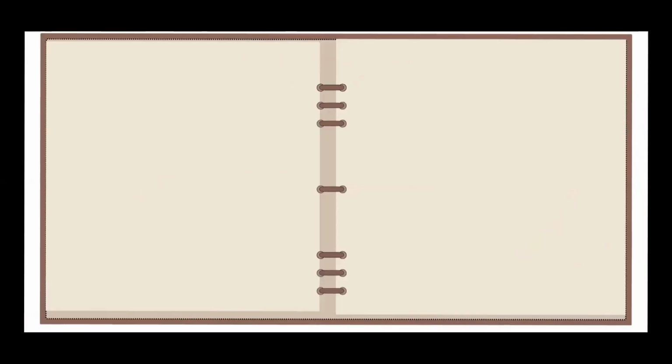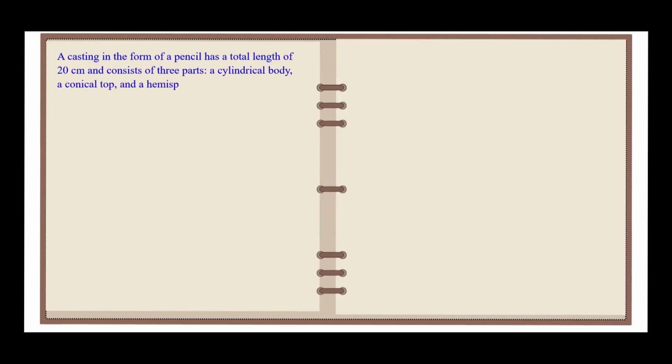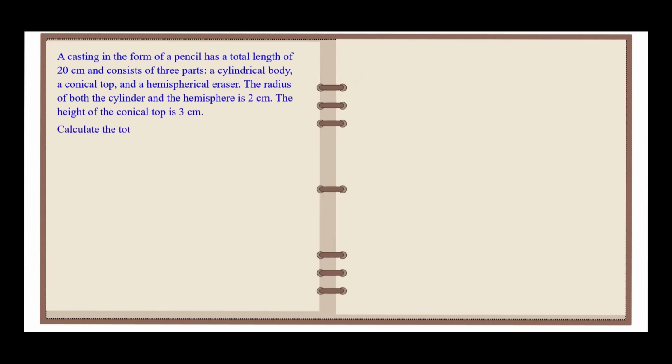So here we are given a question that a casting in the form of a pencil has a total length of 20 centimeters and consists of 3 parts: a cylindrical body, a conical top, and a hemispherical eraser.